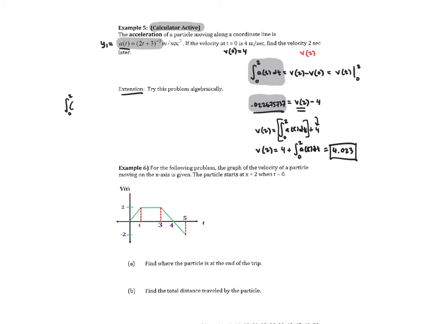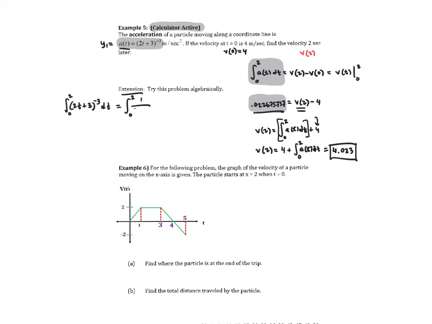I'm going to write this again as 2t plus 3 to the negative third, dt. Okay, this is going to require a substitution, I believe. If I were to write it like this, it might make more sense why I have to do a substitution.